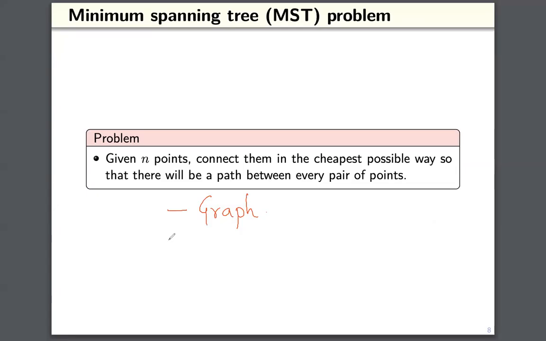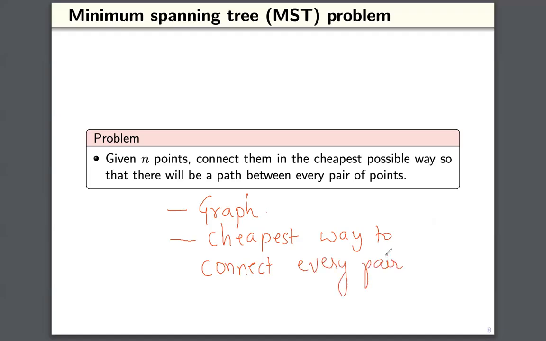Your aim is to find the cheapest possible way so that there is a path between every pair of points. So the cheapest way to connect every pair of points or nodes.